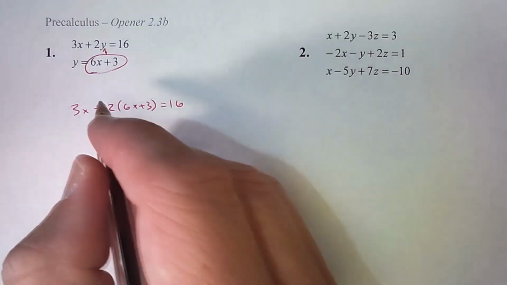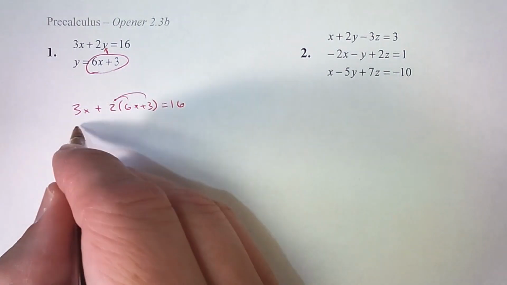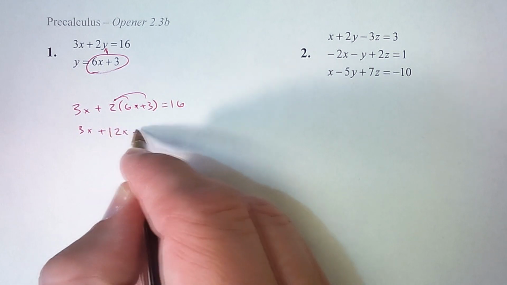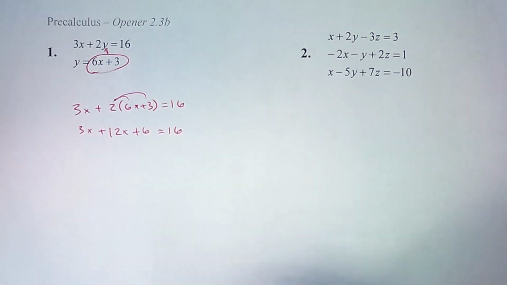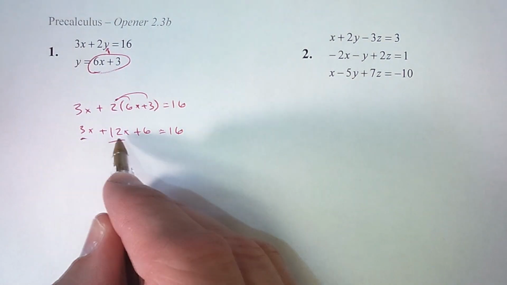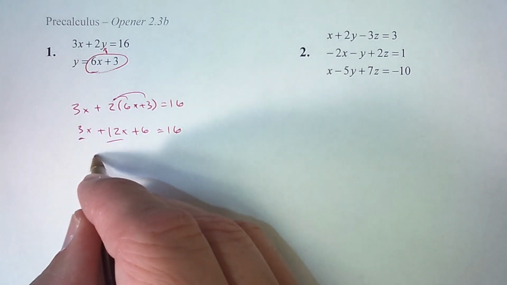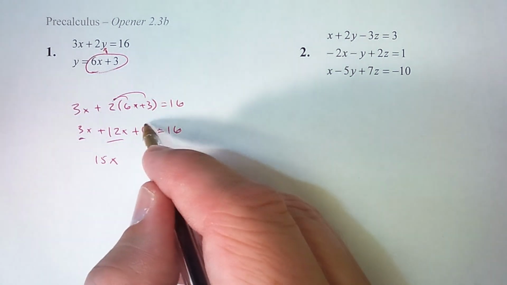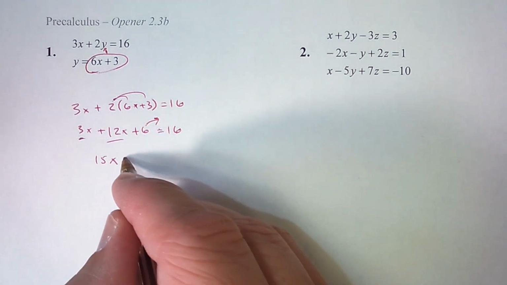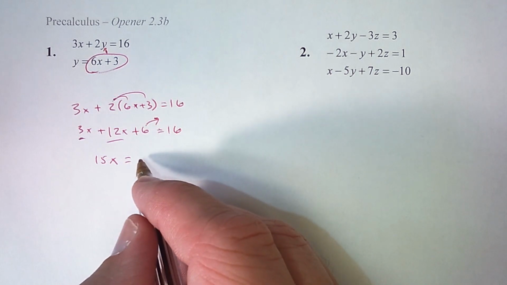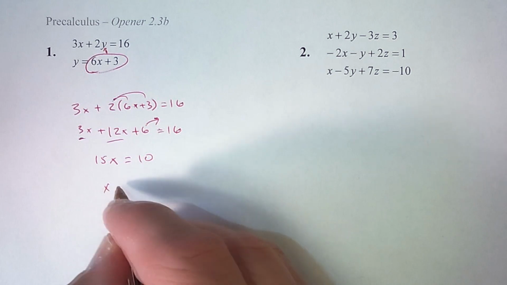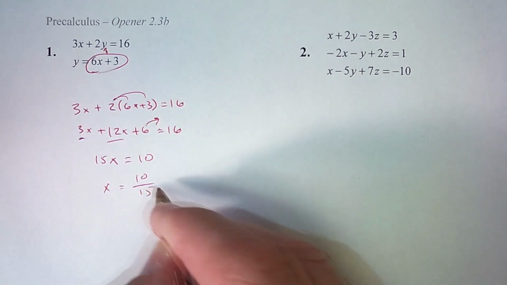Okay, so then I'll distribute this positive 2, and I get 3x plus 12x plus 6 equals 16. I've got like terms here. 3x and 12x makes 15x. And I will take that 6 to the other side. 16 minus 6 is 10. Okay, so I will have x equals 10 15ths.